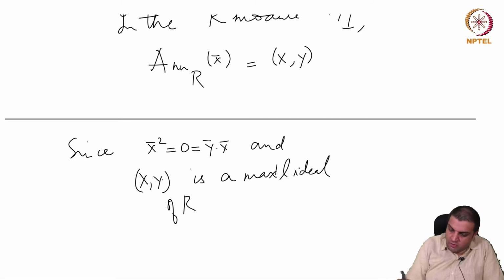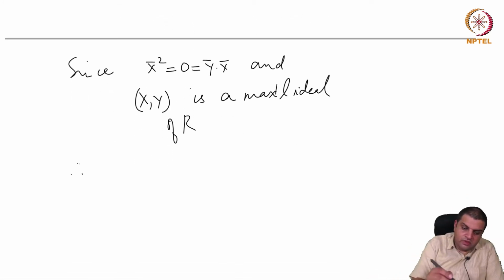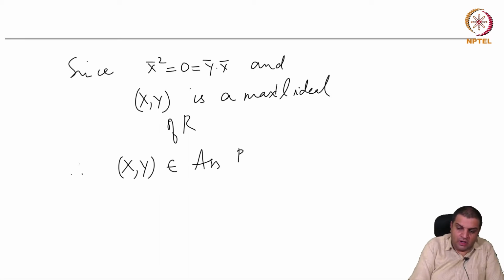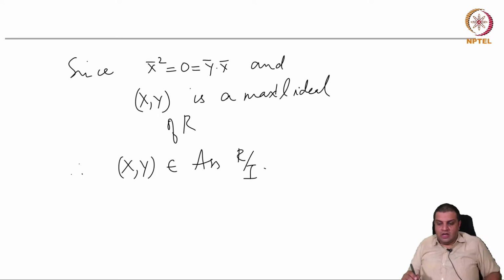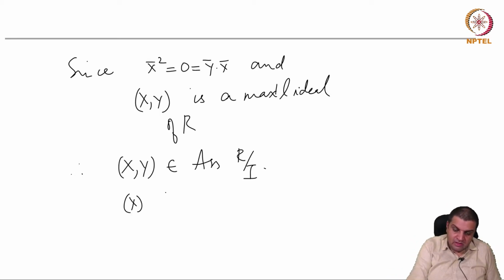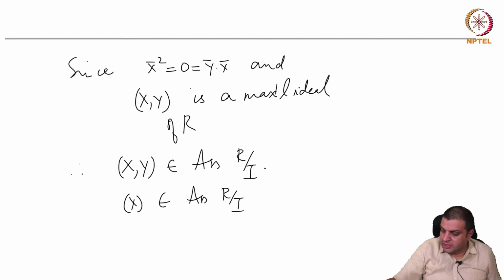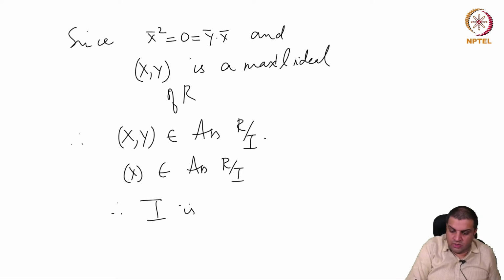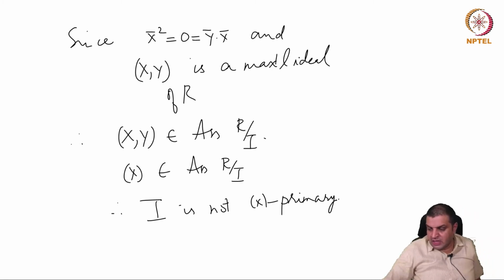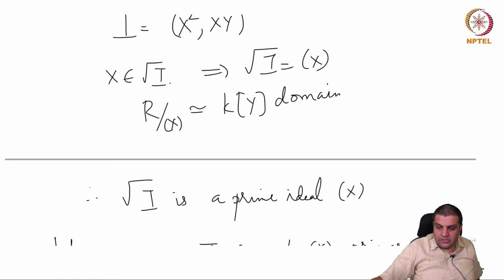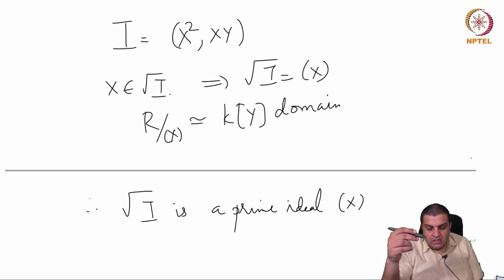Therefore (x, y) is associated to R mod I. And of course the minimal prime (x) is also associated to R mod I. So there are two distinct primes, therefore I is not (x)-primary. So in general there are ideals whose radical is a prime ideal, but the ideal itself is not primary.